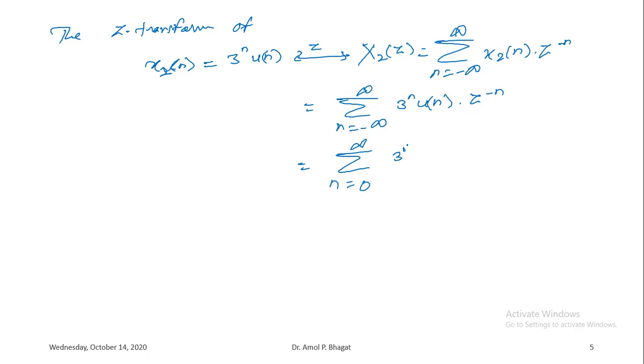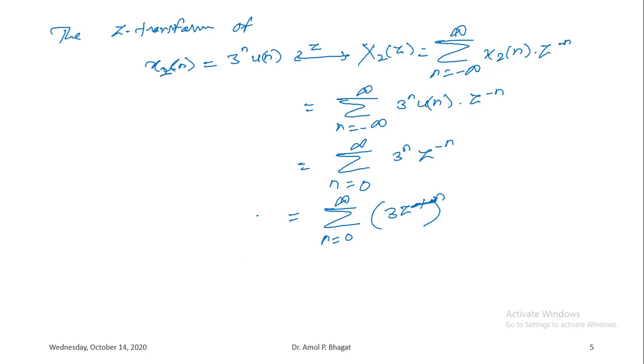So this will be 3 raised to power n, with u of n being 1 for these values, into z to the power minus n. Simply I will take n common, so it is the summation from n equals 0 to infinity of (3z inverse) raised to the power n.